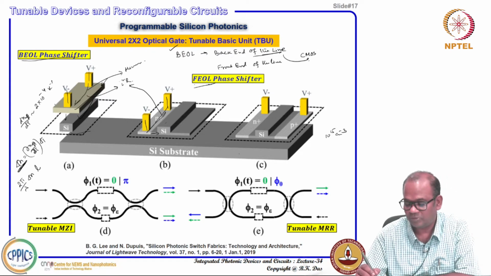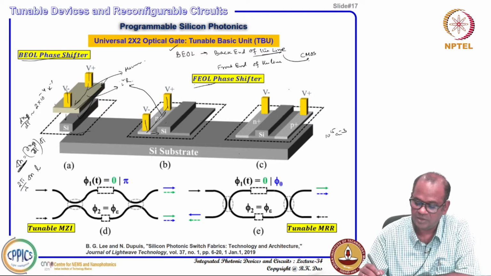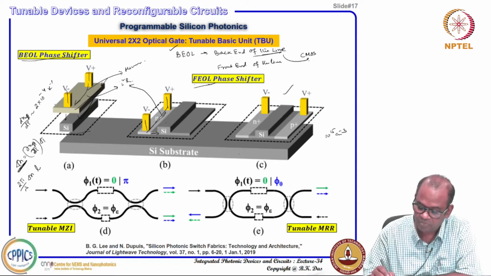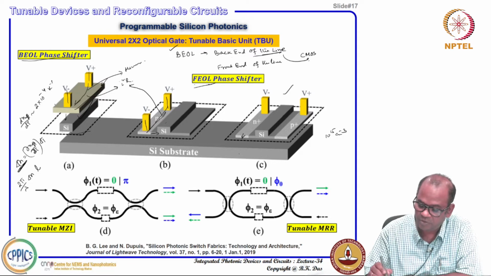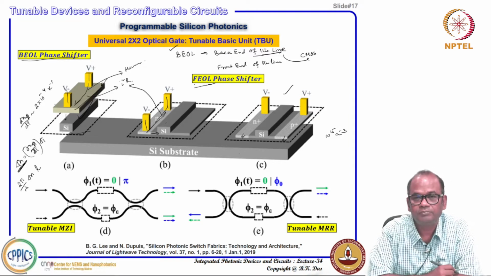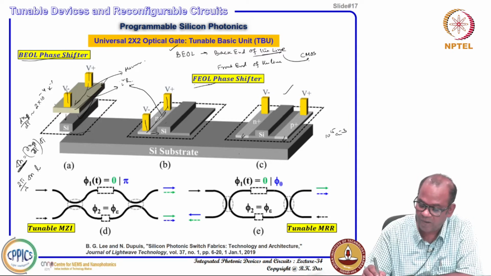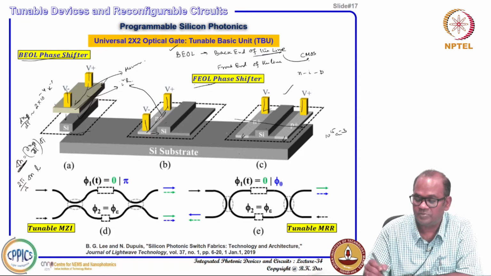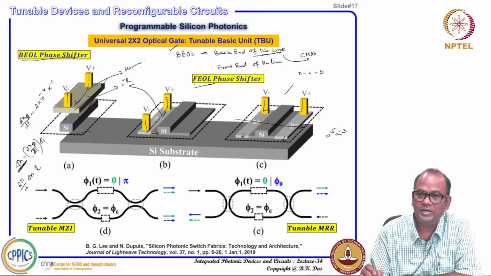And another type of phase shifter that people realize is also a front end phase shifter. How is that? You have a silicon waveguide in the center, one side is N doping, another side is P doping. Now, if you bias in between, in this cross section you see N doping, intrinsic, and P, so it is basically a diode, a PIN diode type thing.